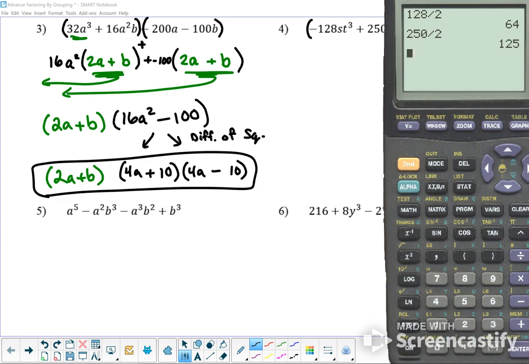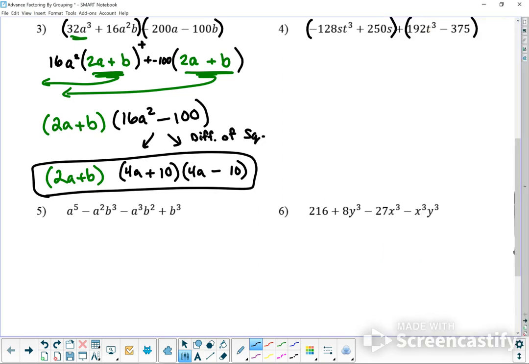Okay. So looks like I can take out a 2, and looks like I can take out an s also, because they both have it. So I'm going to go ahead and take out a 2 and take out an s. And you know what? For the heck of it, I'm going to go ahead and take out a negative, just because I don't like seeing the negative in front. So negative 128 divided by negative 2 is going to be 64.